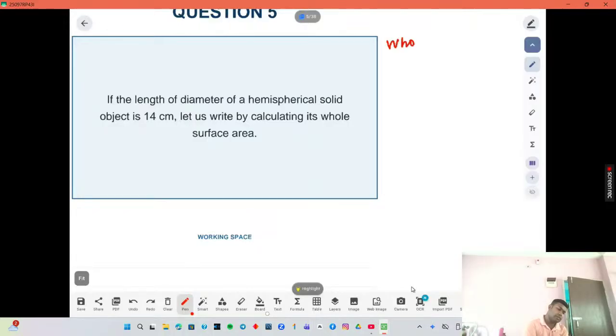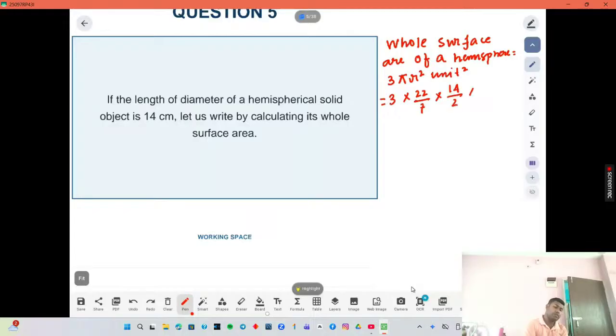The whole surface area of a hemisphere is equal to 3 pi r square unit square, which is equal to 3 into 22/7 into 14/2 into 14/2.